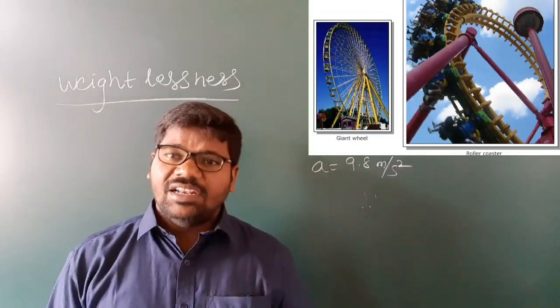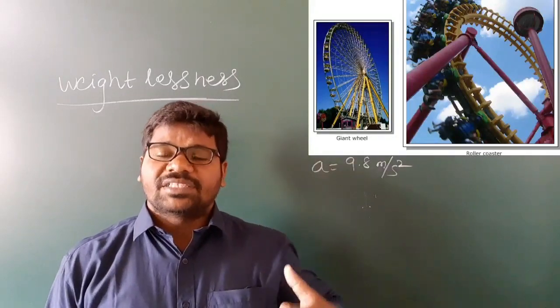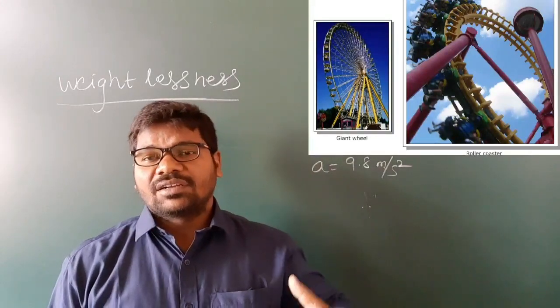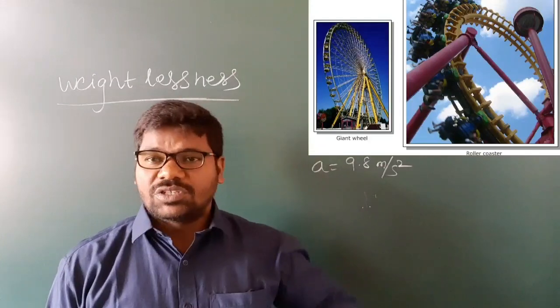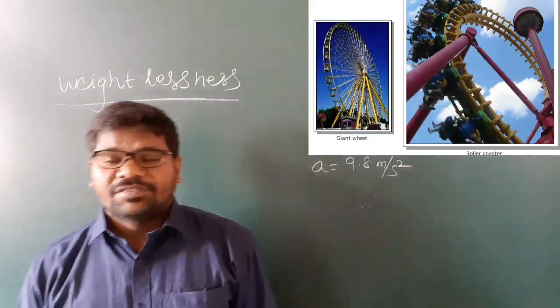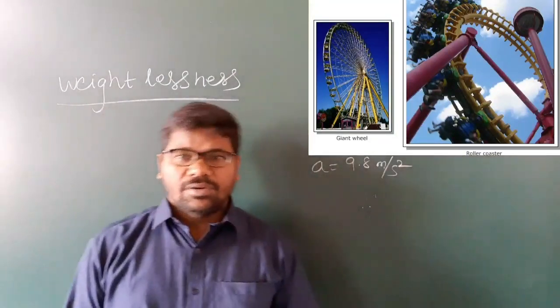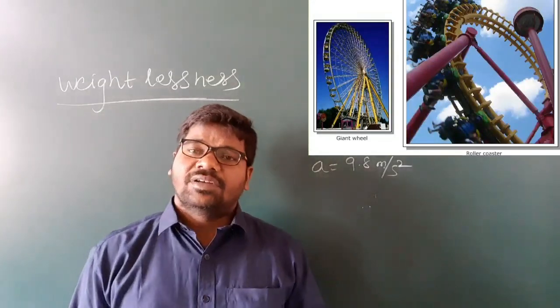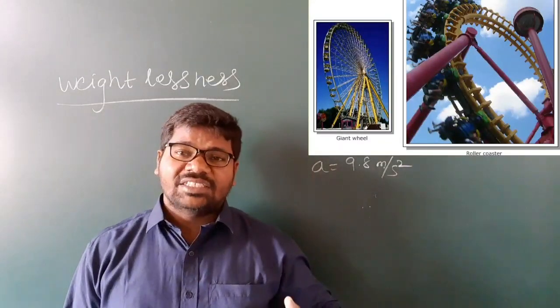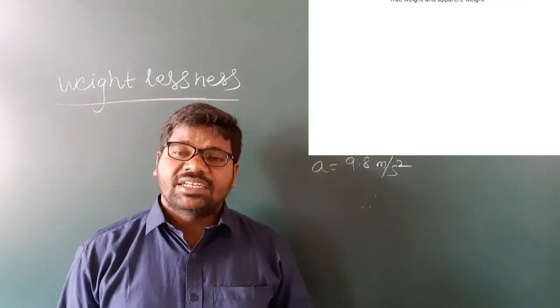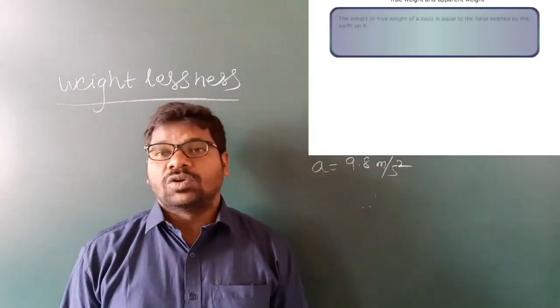Understand? Consider a lift. In a lift, or an elevator, a person moves down. If the acceleration is less, the person feels less weight. If the acceleration is equal to 9.8, the person's weight is 0.